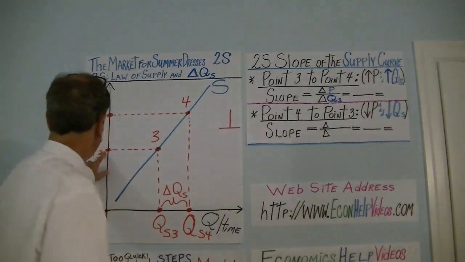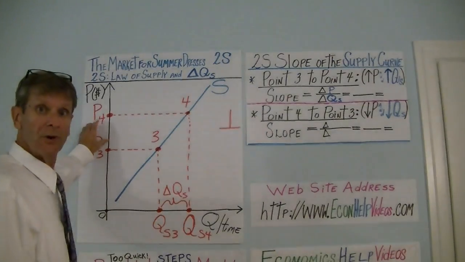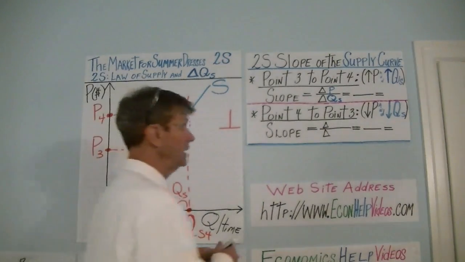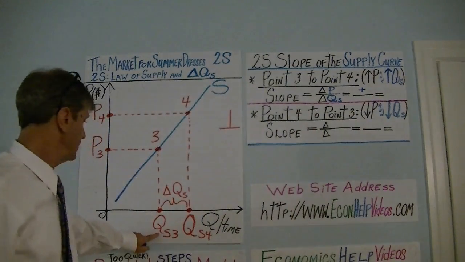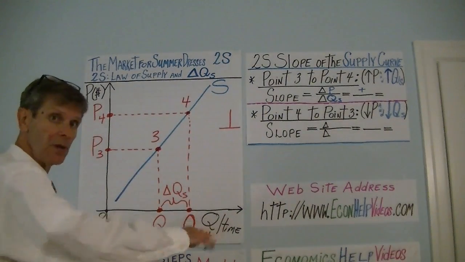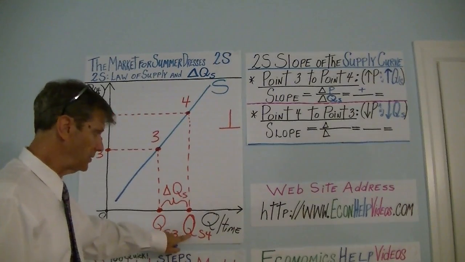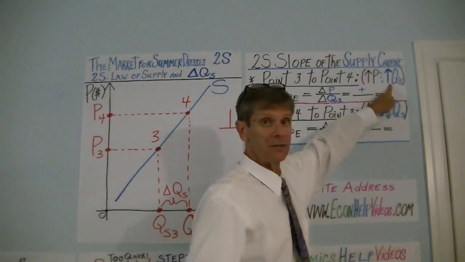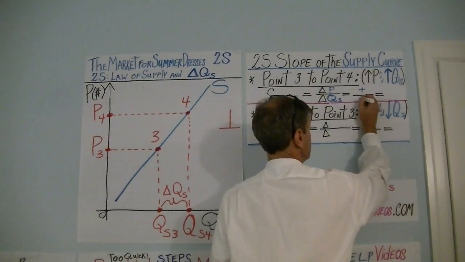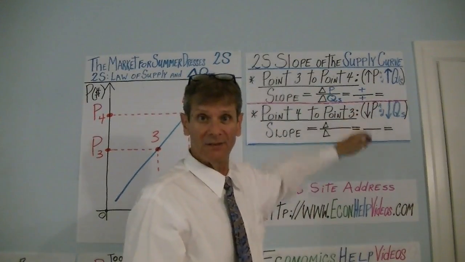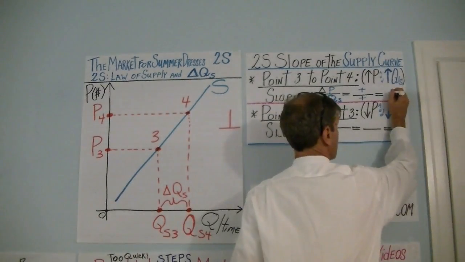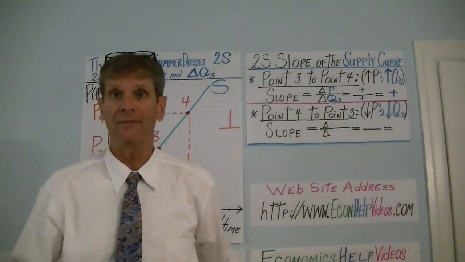Now, if P3 goes up to P4, that's going to be a positive change, right? And if QS3 goes up, right, remember the number line, QS3 goes up to QS4, quantity supply increases, that's a positive change. And in math, you know, a positive divided by a positive in the fraction is going to give us an overall positive value.